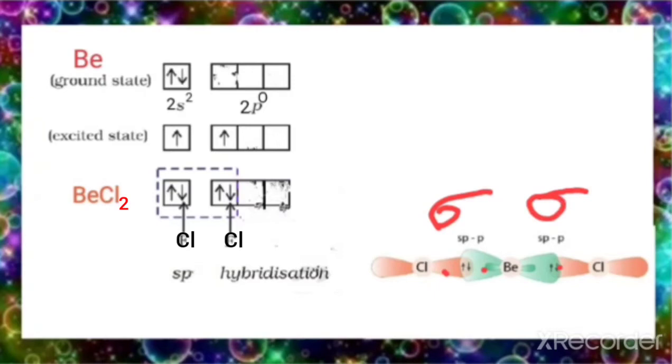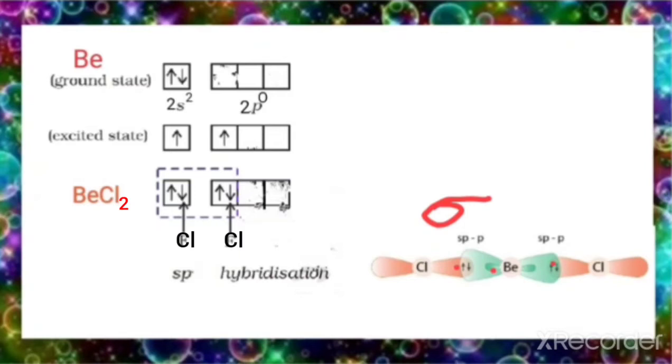Look at this structure carefully. The green shaded orbitals are the 2 hybrid orbitals of beryllium, and the orange orbitals are the p orbitals of the 2 chlorine atoms. There is an overlapping between the p orbital of chlorine and an sp hybrid orbital of beryllium, resulting in the formation of a sigma bond.